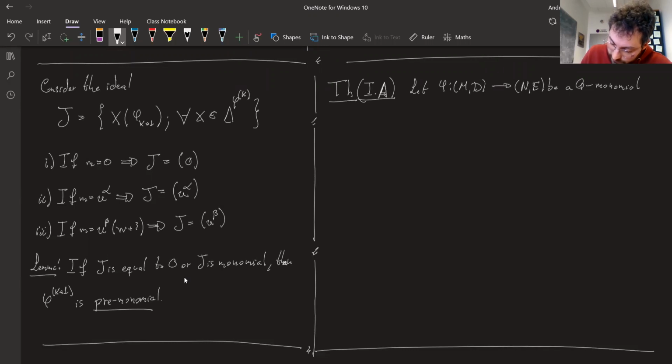This is going to be a hypothesis. So now we assume that the morphism is monomial, and we consider, and let I be a privileged ideal.